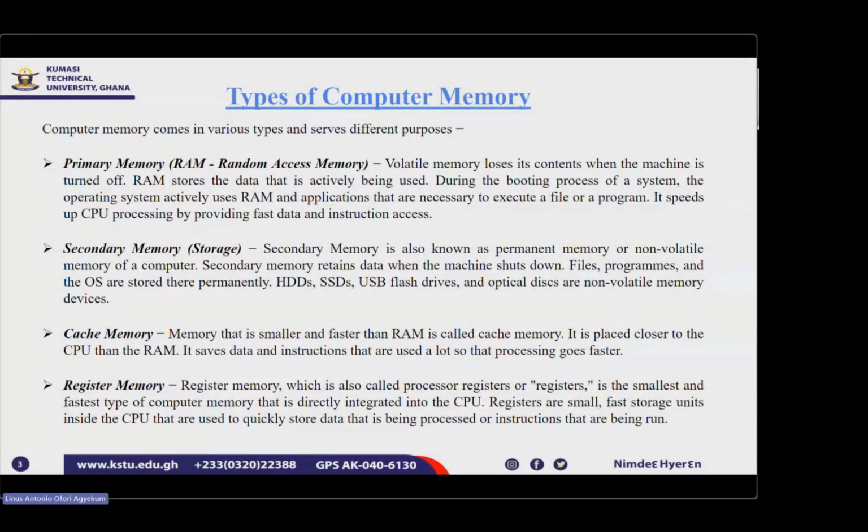So these are the types of computer memory: the primary memory, the secondary memory, the cache memory, and the register memory.